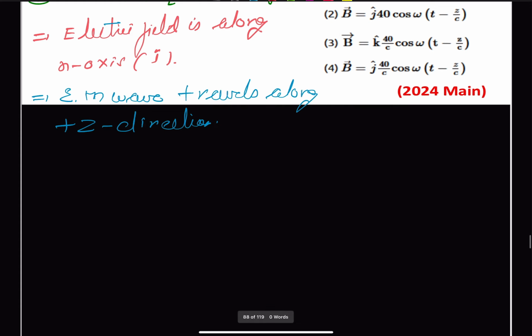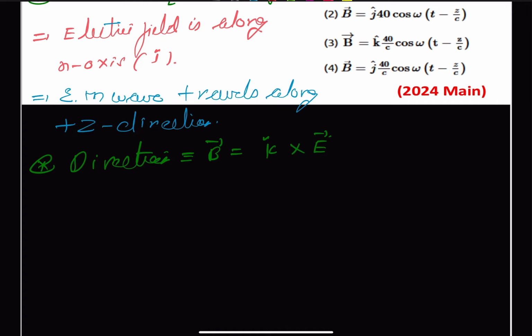So we can say that the direction of our magnetic field will be equal to our k unit vector cross E, and our electric field is in our i direction.